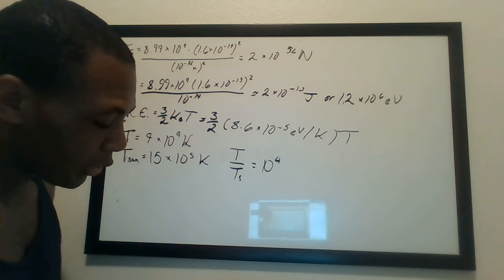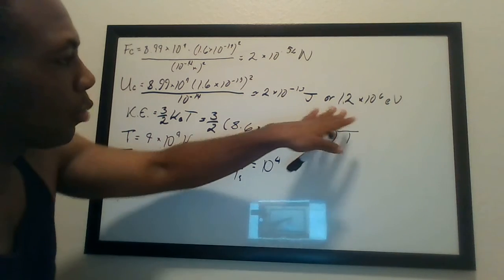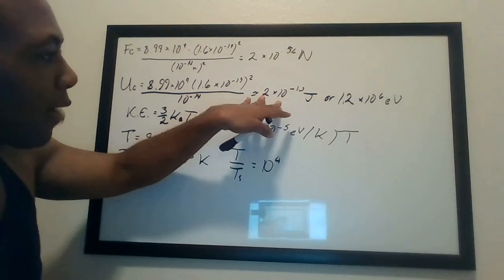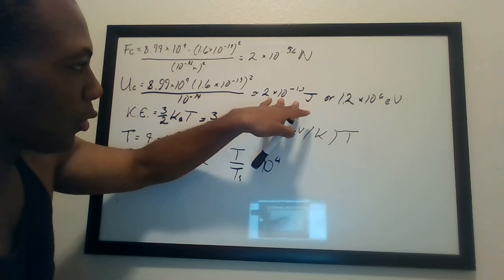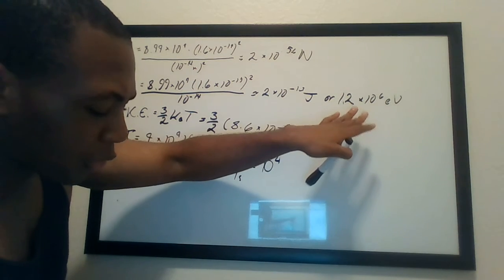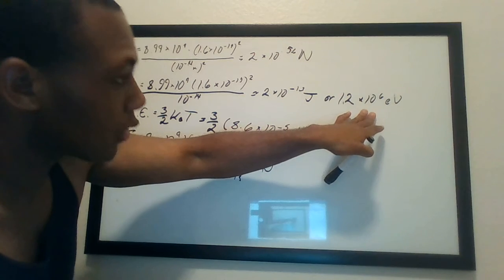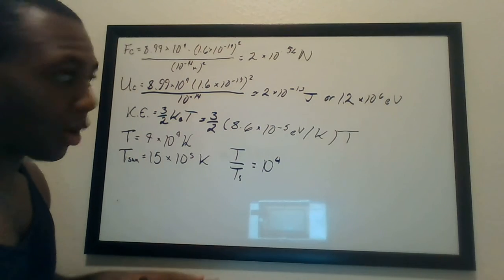And actually this says this is about 6.24, because I got rid of the 10. This is 10 to the minus 13 joules is about 6 times 10 to the 6 electron volts. So that seems right.